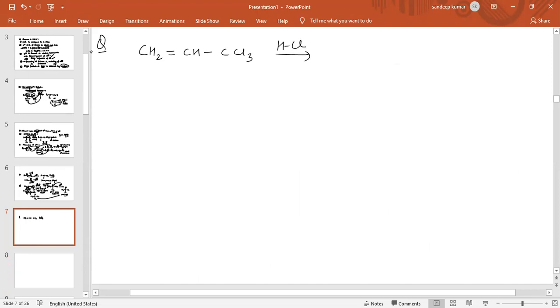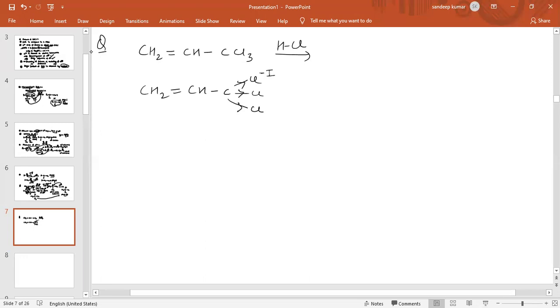Now see what happens. Basically in this case, as we can see, CH2 double bond CH, and CCl3 has Cl, Cl and Cl, and Cl is a strong electron withdrawing group on this carbon atom.